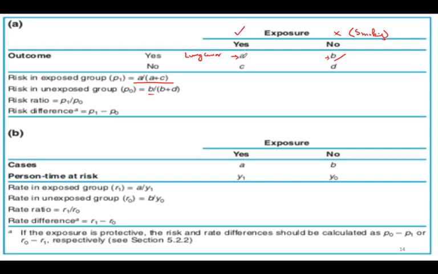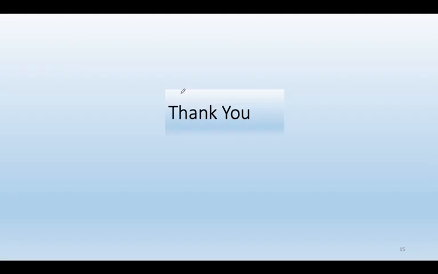So A divided by A plus C. A means the individuals who smoke; all of them, A plus C, are smokers, but some of them develop cancer, the lung cancer. A divided by the total number of individuals who smoke. Over here, non-smokers: the number of individuals who have lung cancer but are non-smokers divided by total non-smokers.